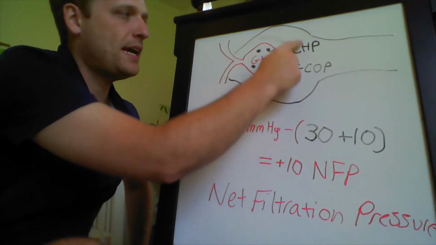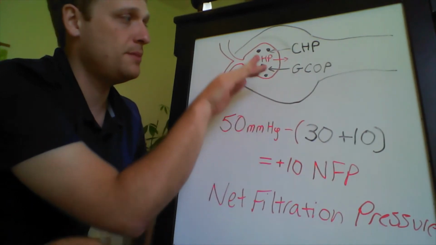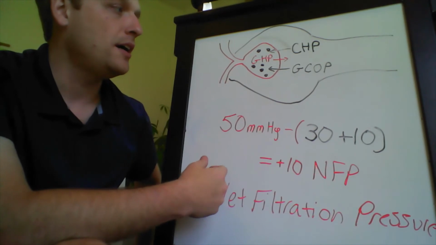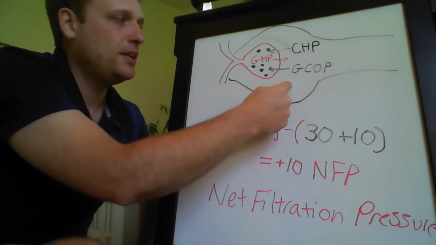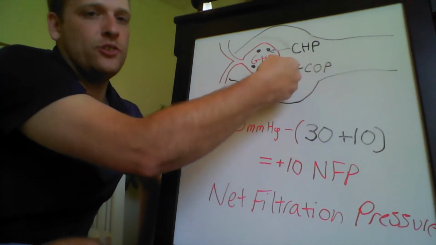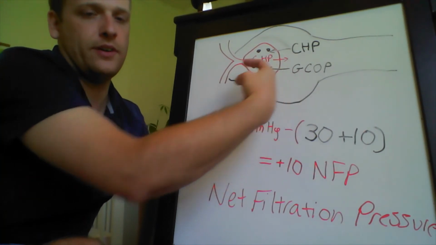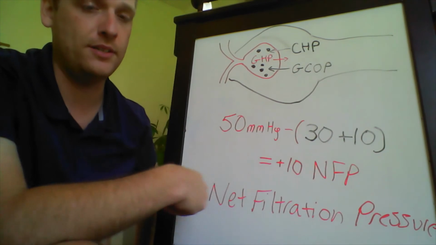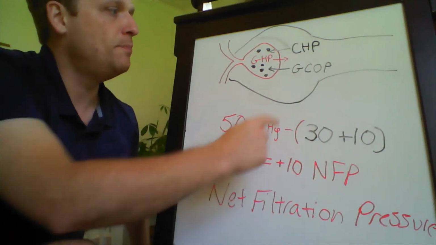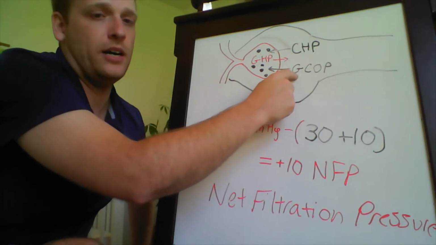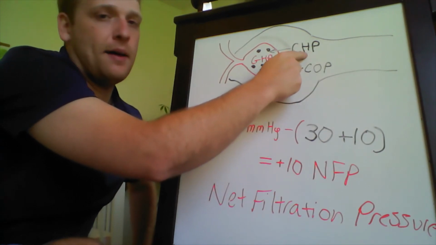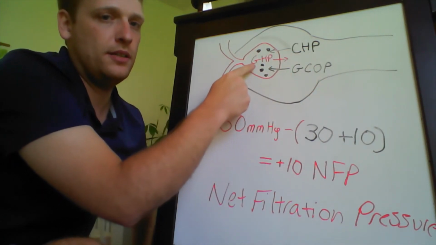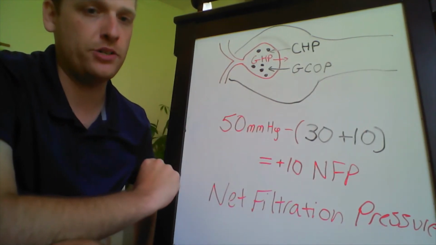And once Bowman's capsule is filled with fluid that's been pushed or filtered out of the blood, that filtrate, when it fills up the capsule, is going to cause a hydrostatic pressure in this direction that's going to oppose the movement of more fluid out into the capsule. So both the glomerular colloid osmotic pressure and the capsular hydrostatic pressure are going to oppose the glomerular hydrostatic pressure.